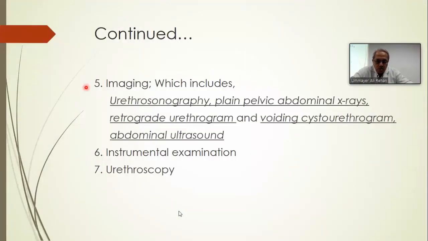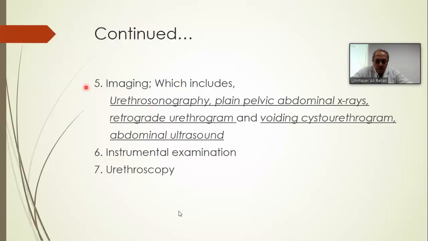So it is plain pelvic abdominal X-ray, retrograde urethrogram, voiding cystourethrogram, and abdominal ultrasound. For all practical purposes, this is what we do, and every imaging technique has its own plus point, and some things cannot be explained by a single technique.